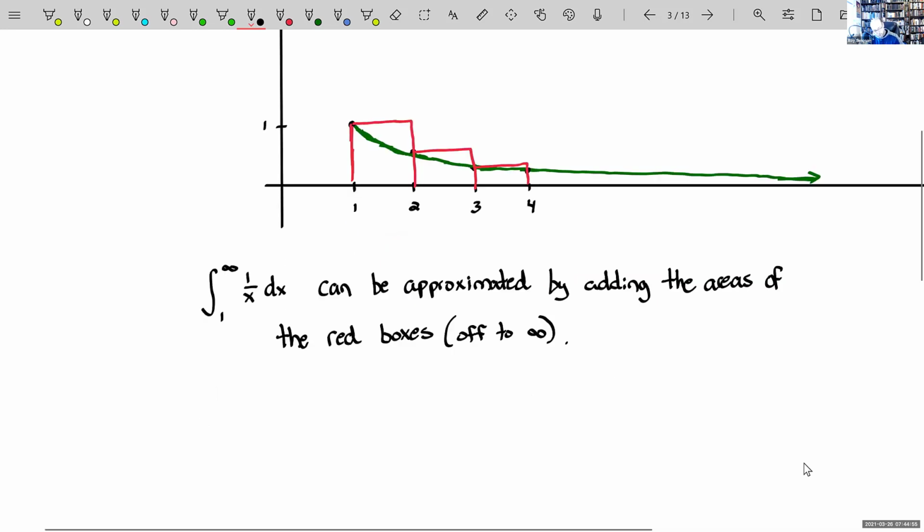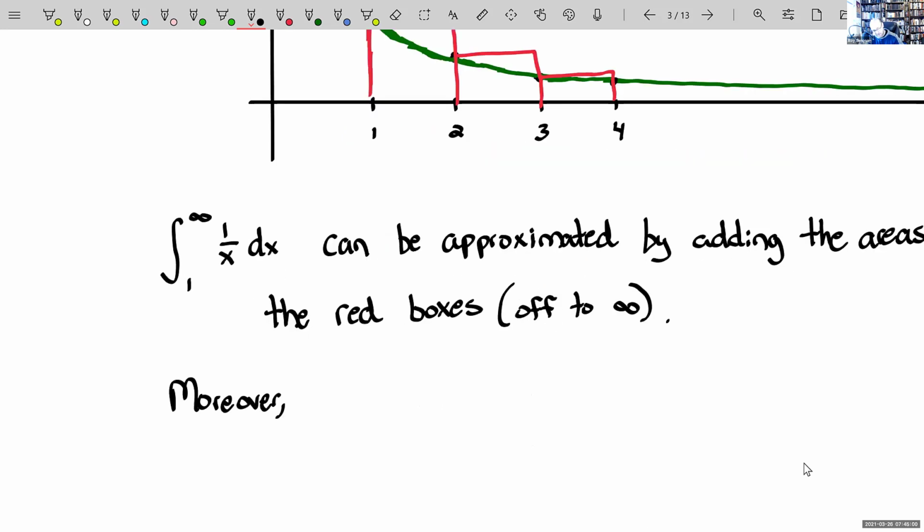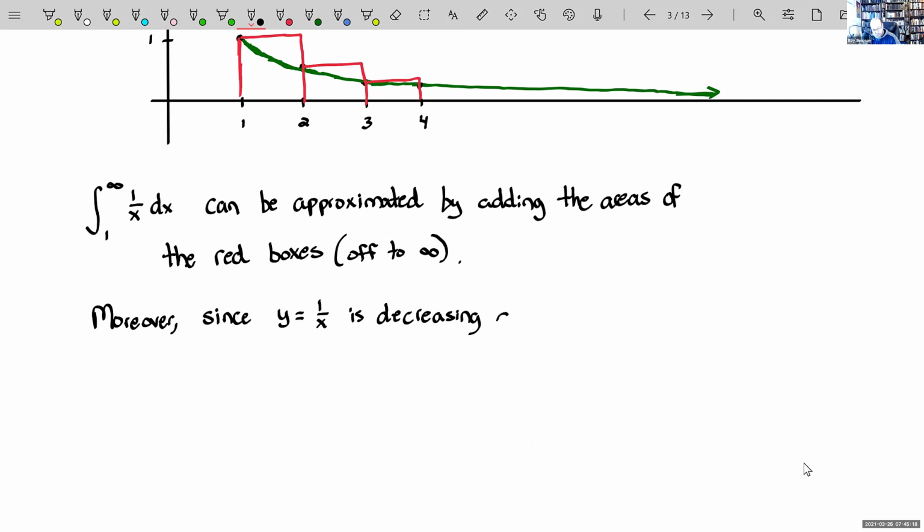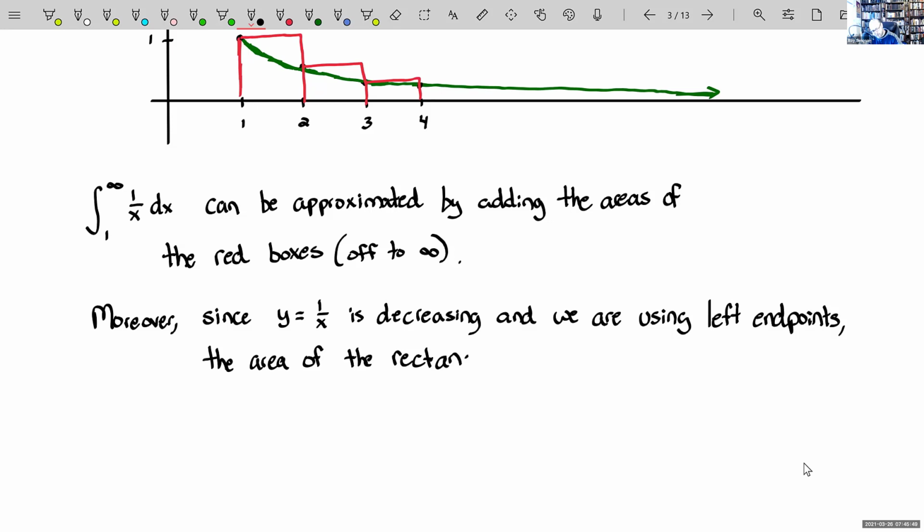So let me just say, moreover, since y equals 1 over x is decreasing, we can see that in our drawing, and we are using left endpoints, the area of the rectangles is greater than the integral from 1 to infinity of 1 over x dx.